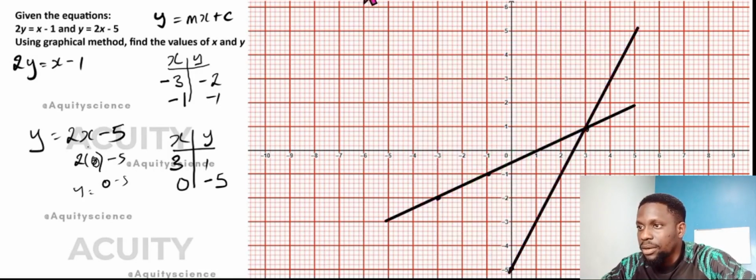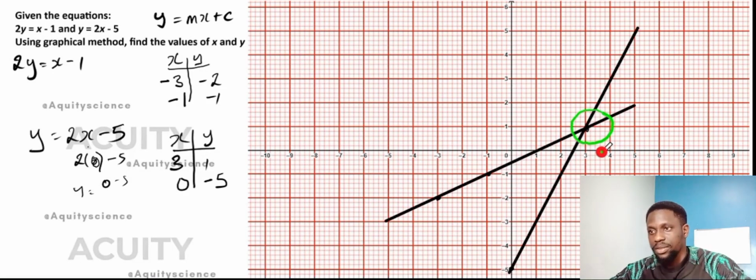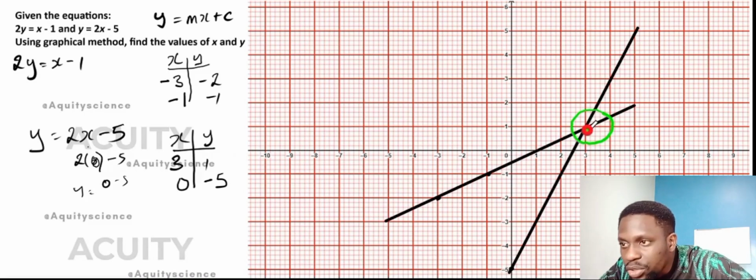Now, you see there's a meeting point here. See that? So we trace the meeting point down. Let's find out what we get on the x-axis. On the x-axis, the meeting point is perfectly at 3.